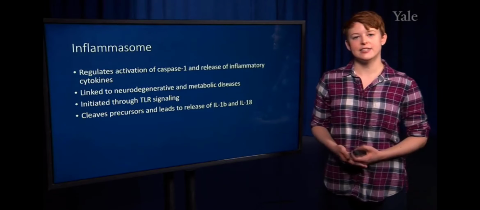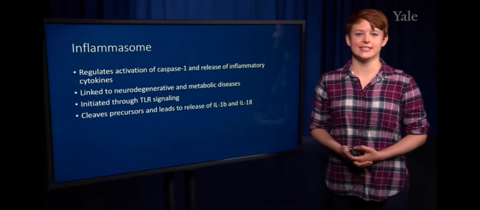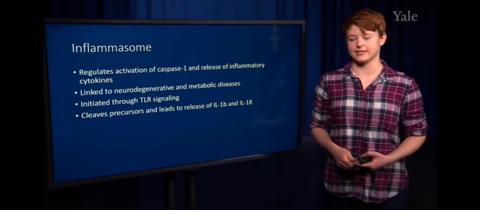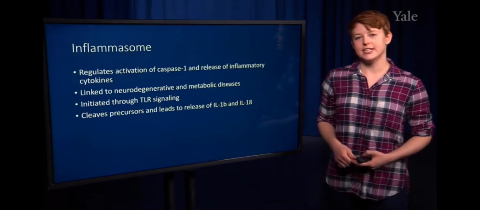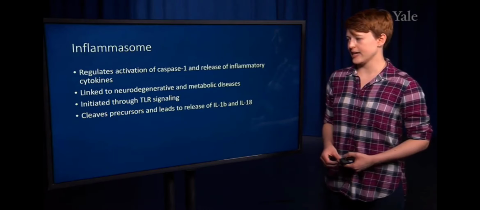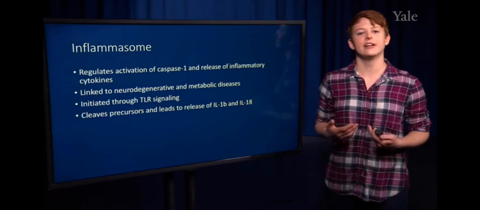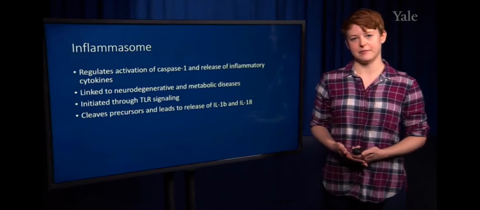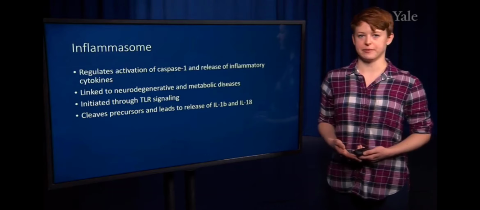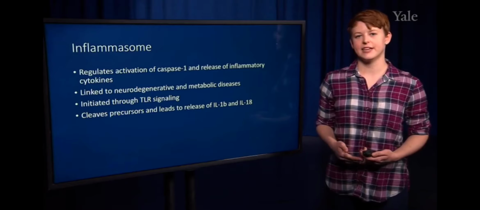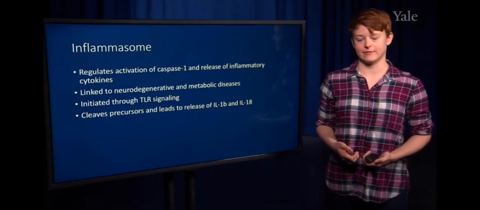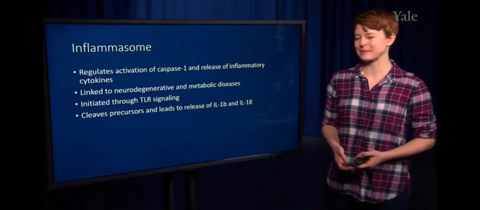And it's linked to many different inflammatory diseases, including neurodegenerative diseases such as Alzheimer's and Parkinson's disease. It's often initiated through TLR signaling, and it can also lead to very rapid induction of inflammation because those inflammatory precursors are already formed, so they only need to be cleaved and then released. You don't have to start at the transcription and translation steps.